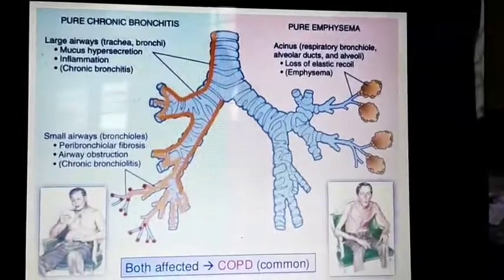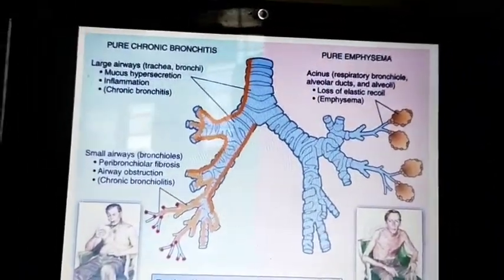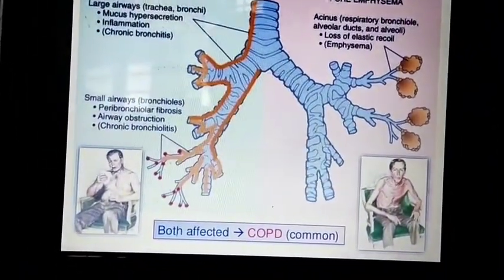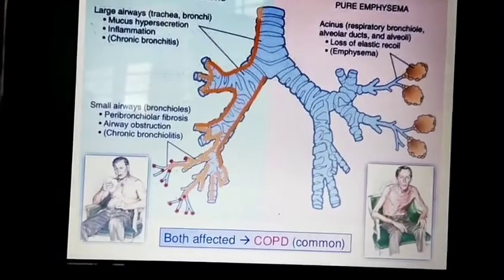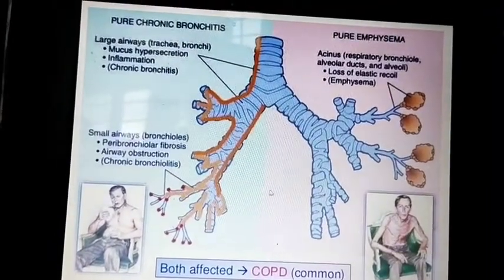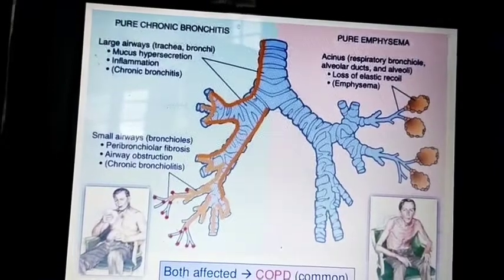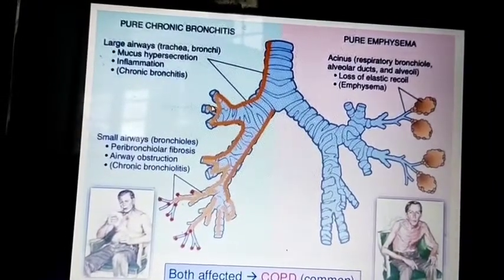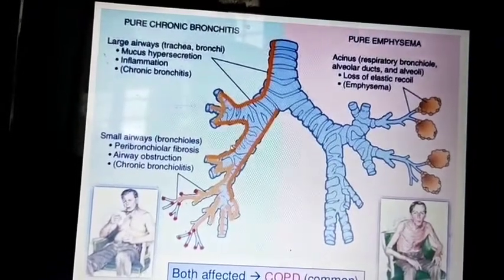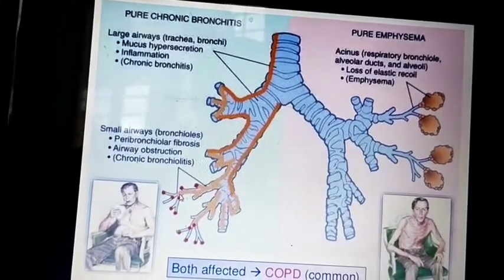Okay, we can go for bronchitis, and what is pure emphysema? Bronchitis occurs in the bronchi. There is inflammation and a little collection of fluid in the bronchi.